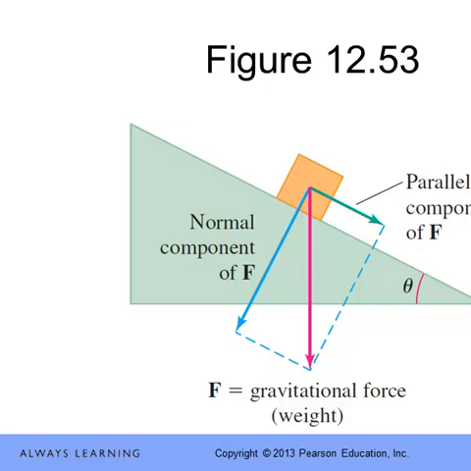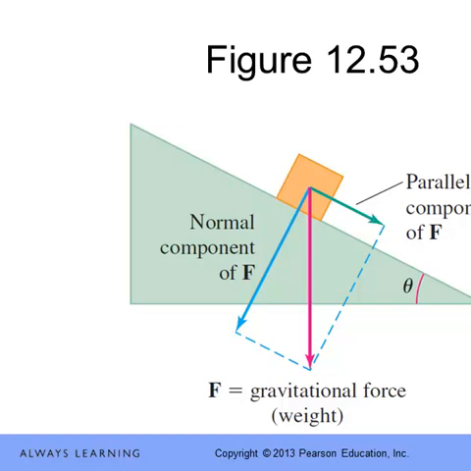Only that component of gravity that points down the ramp is what is going to accelerate that block. And not only that, this component here, this normal component, is the weight that this ramp feels.